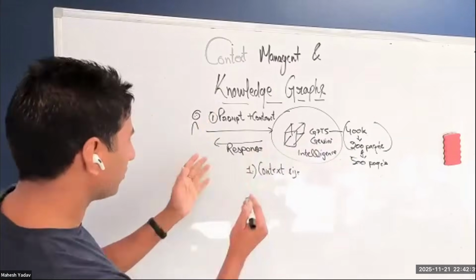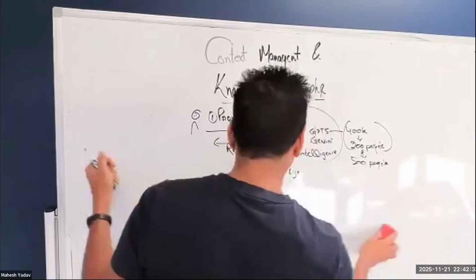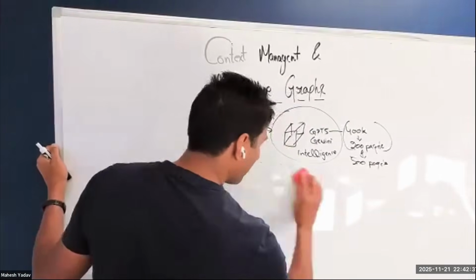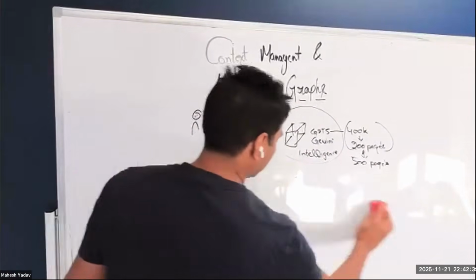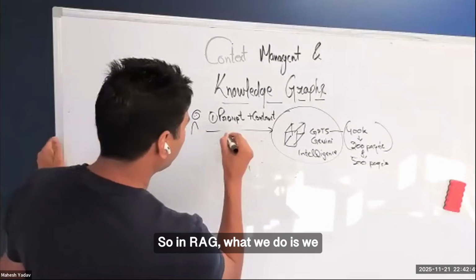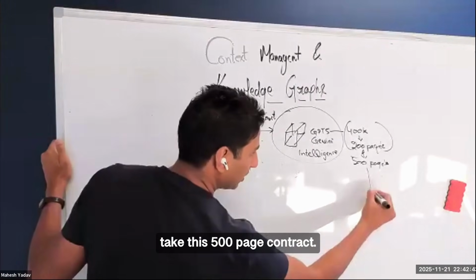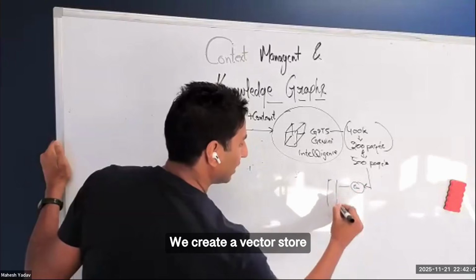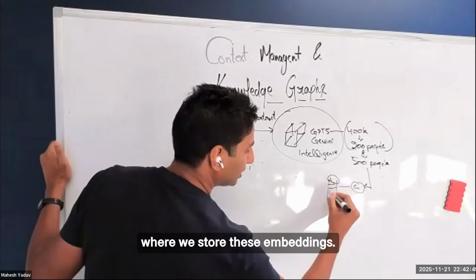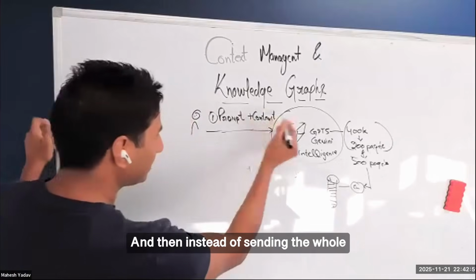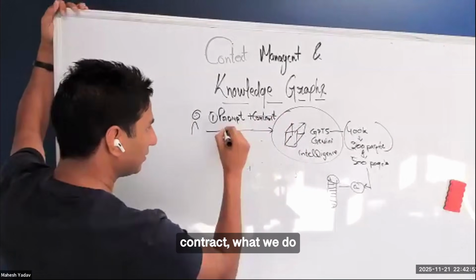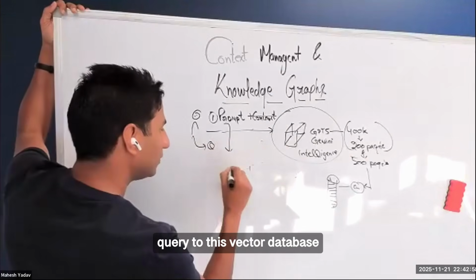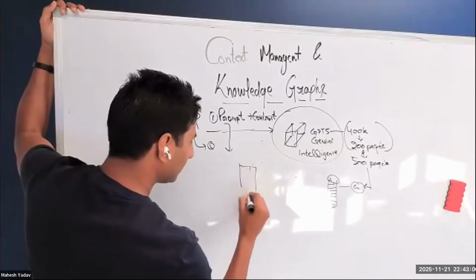Okay, how do we solve this? So this is one way and we have a problem with it. How do we solve this problem? RAG. With RAG. Great, RAG. In RAG, what we do is we take this 500-page contract and call something called an embedding model. We create a vector store where we store these embeddings. And then instead of sending the whole contract, we send the user query to this vector database.